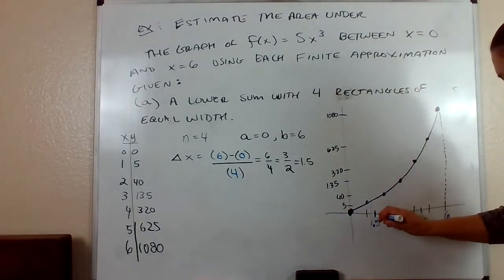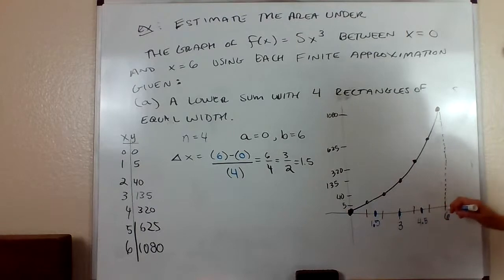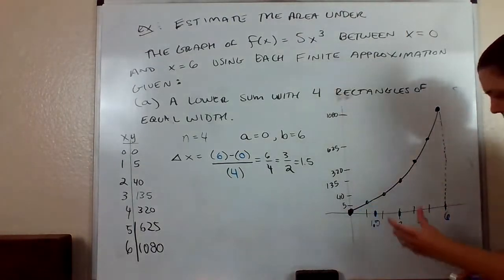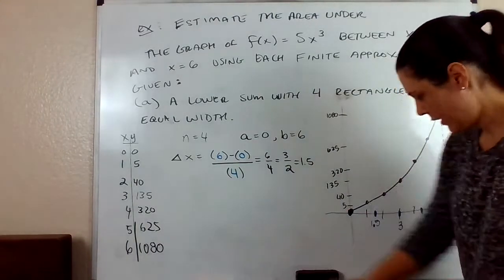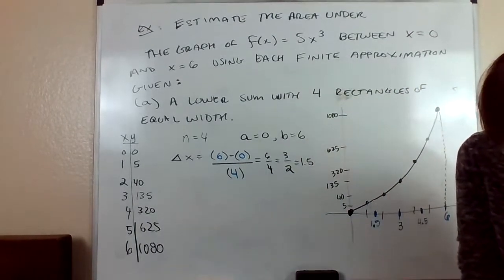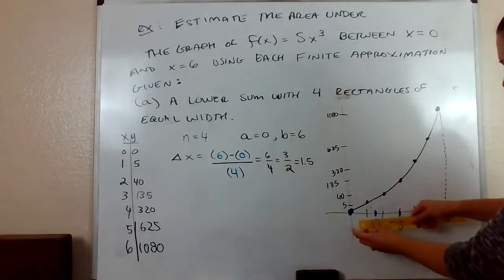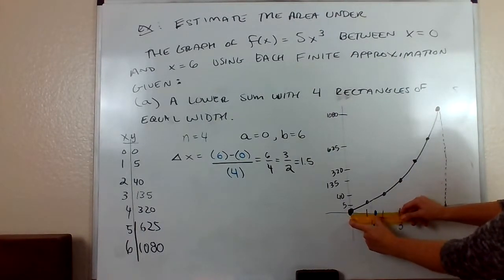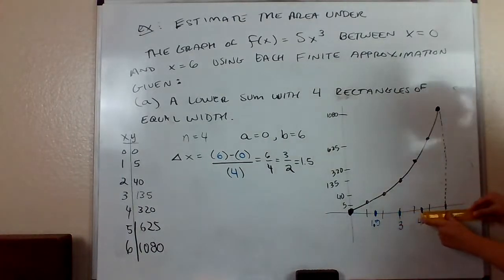Visually, I know my coordinate system is not exactly to scale, but can you guys see that this pretty much looks like equal width? Like I said, it's not perfect, and I'm not going to measure exactly, but it looks like this is about the same width as this, and this, and this.